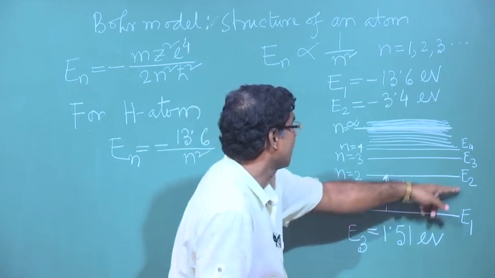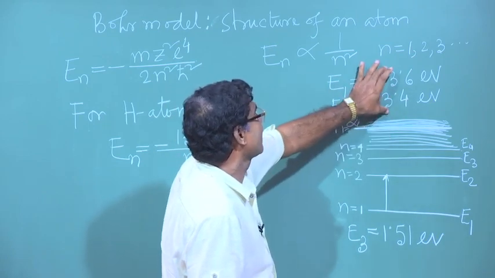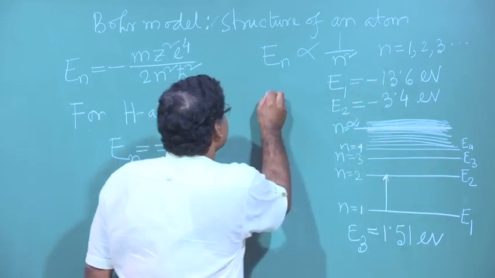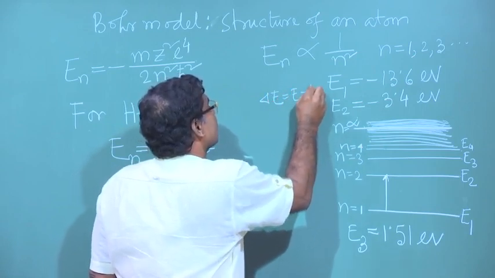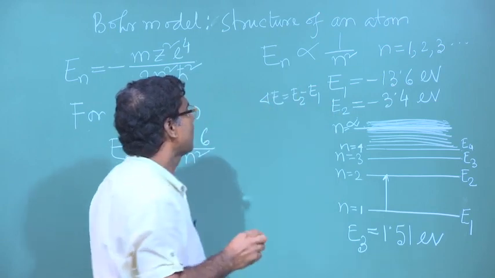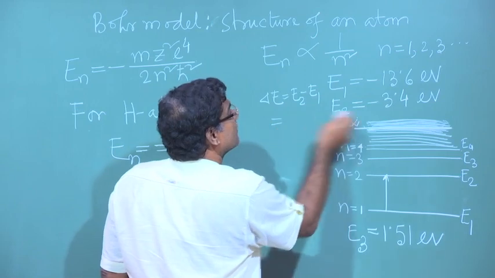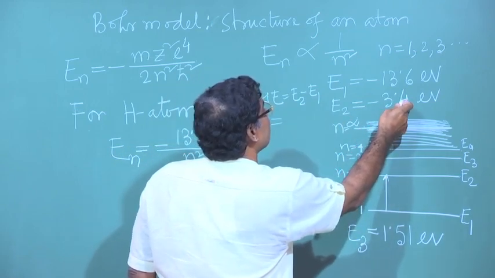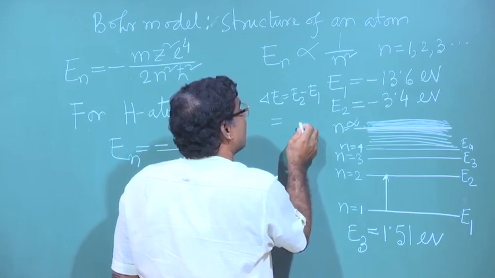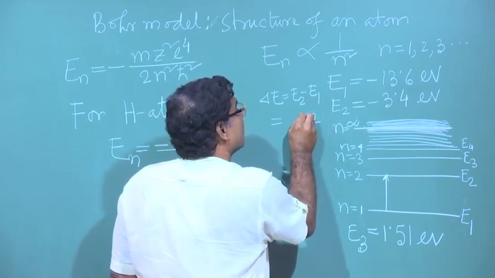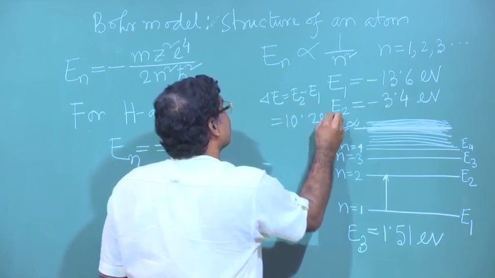From here one can find out the separation, delta E equal to E2 minus E1, and that will be 10.2 electron volt.